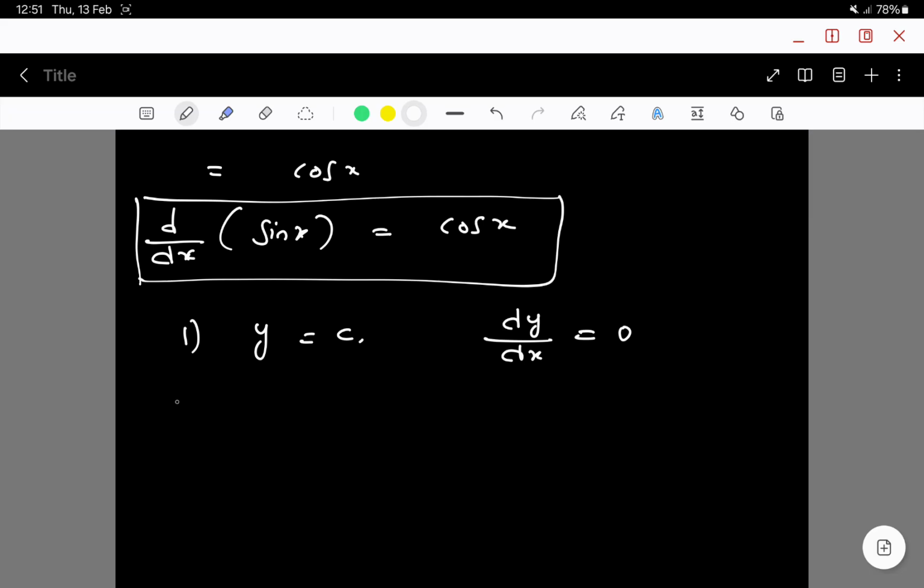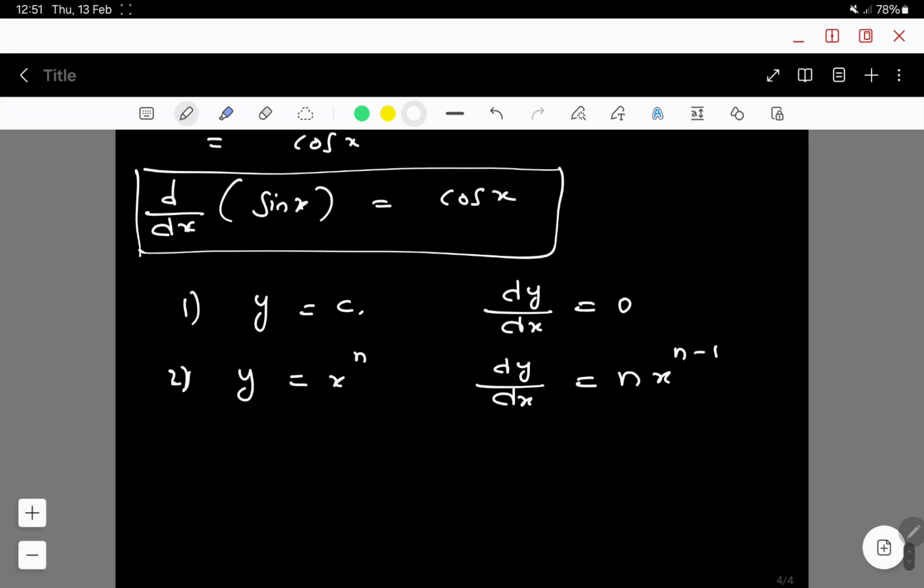Next one: y is equal to x power n. Dy by dx is n into x power n minus 1. D means derivative of the function with respect to x. Third, I am taking exponential functions, y is equal to a power x.